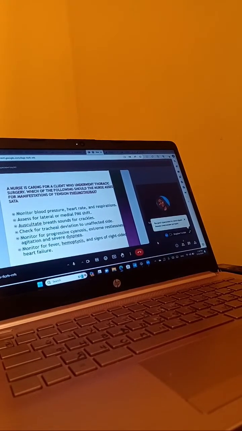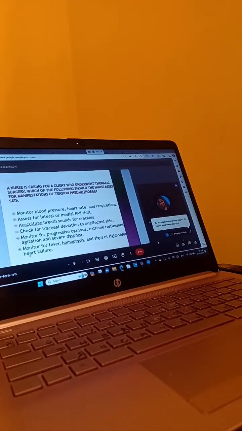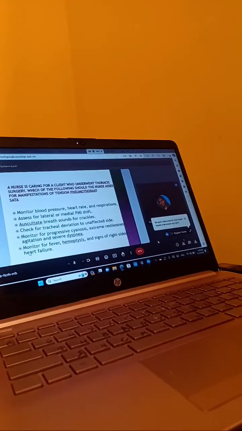Will the patient have fever, hemoptysis, or right-sided heart failure? No. These are features of pulmonary embolism, not pneumothorax.